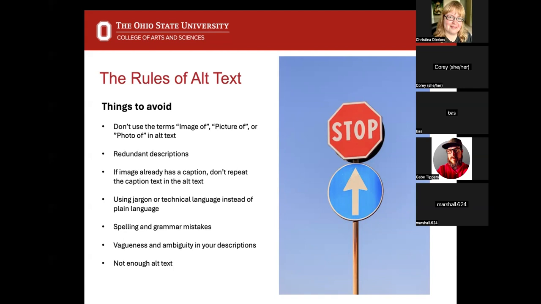So you just want to avoid being overly jargony or overly technical and try to communicate what's there as plainly as possible, not just for people with disabilities, but for everyone in general, especially when an image fails to load.